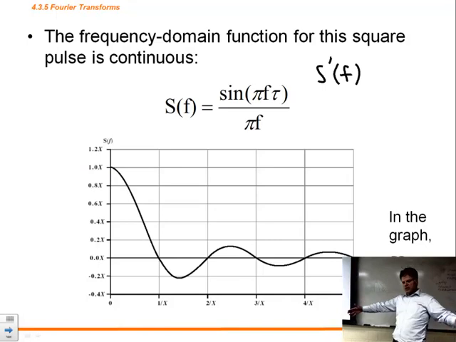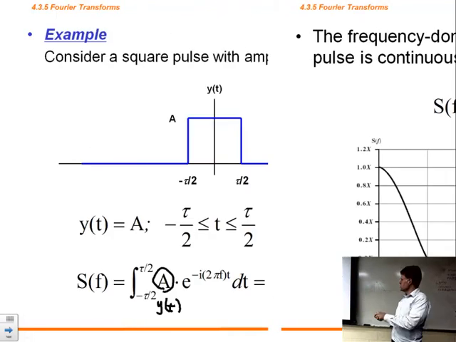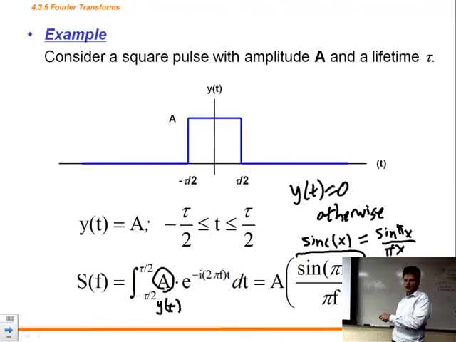So if you have a fixed bandwidth, a fixed interval that you're allowed to transmit in, and your frequency plot is really broad, you only get a small fraction of it in the allowed place, and so you're going to get a highly distorted signal. So you can't decrease the duration too much without lots of distortion, given that the bandwidth is going to be the same. Does that make sense?